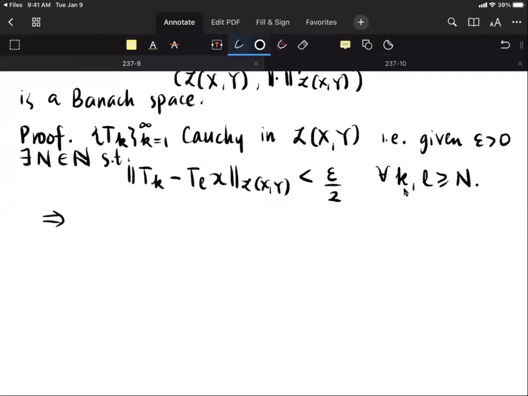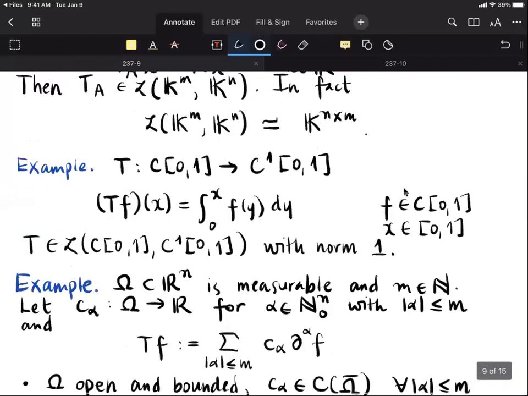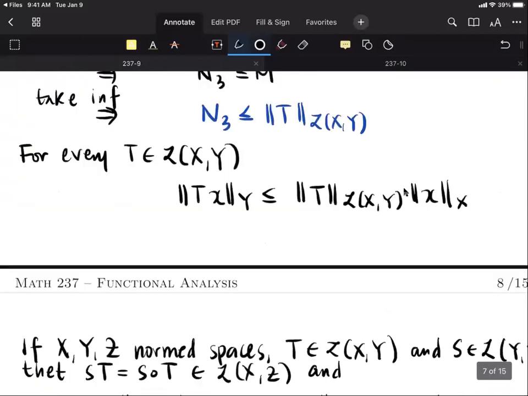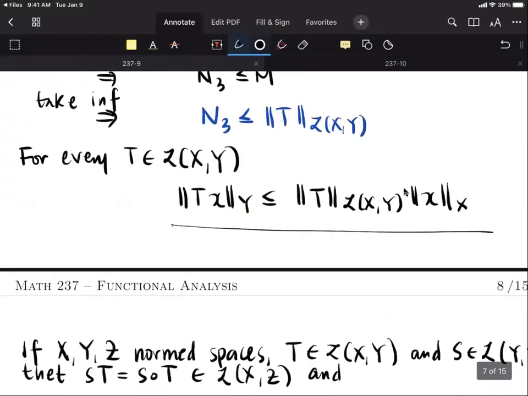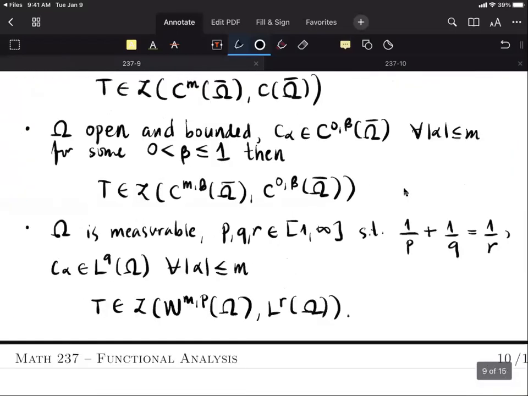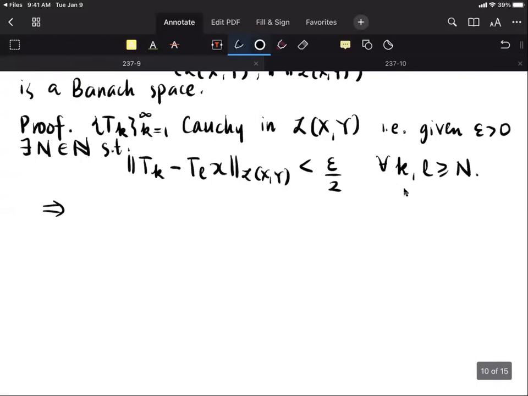Now, going back to this inequality here, applying this inequality and the linearity of your operators, we end up with the following estimate. The norm of the image of the difference is less than epsilon over 2 times the norm of x.